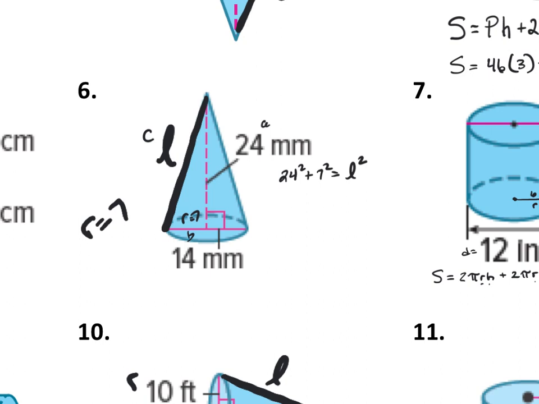Working that out, I get 24 squared, which is going to be 576, plus 7 squared is 49, is equal to my slant height squared. Combine that, we get 625 is equal to my slant height squared. Find the square root of both sides, so my slant height is going to be equal to 25. Square root of 625 is 25.